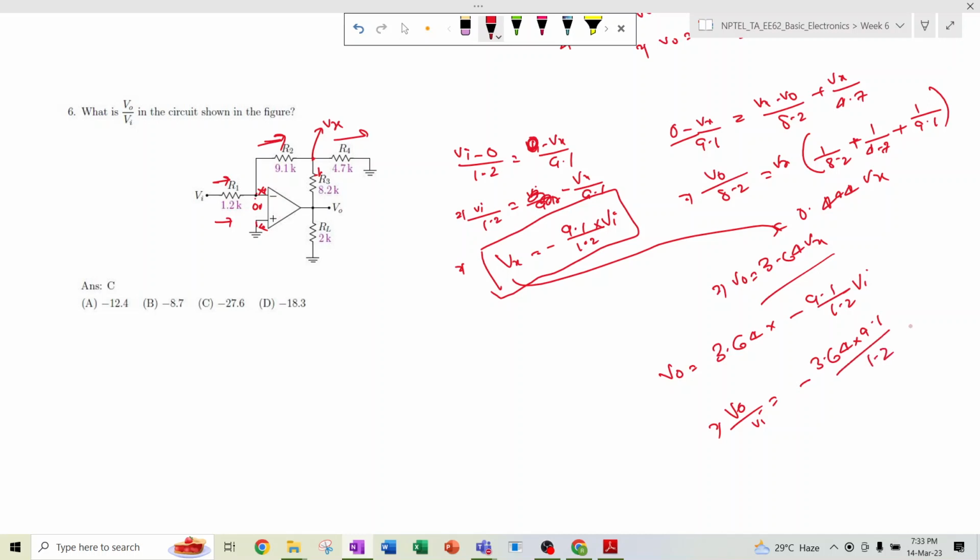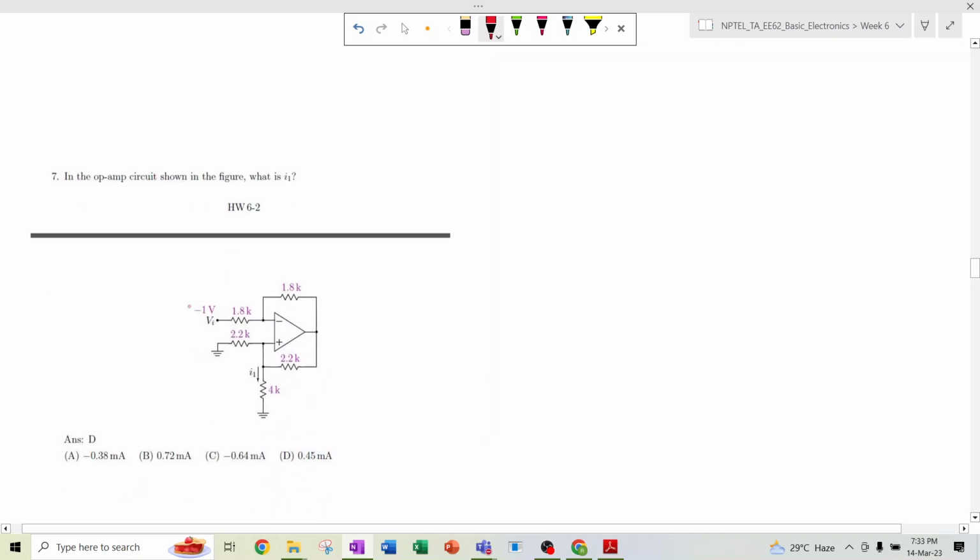So 3.64 into 9.1 divided by 1.2, which is nothing but minus 27.6. So this is the Vo by Vi, which is nothing but minus 27.6. Okay, so this was very easy.